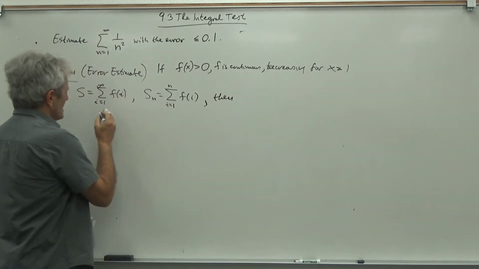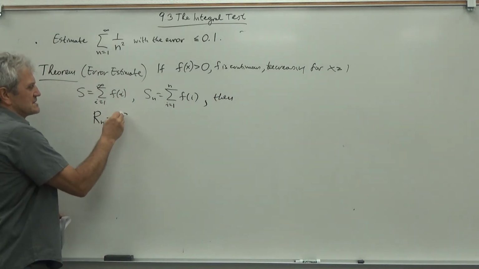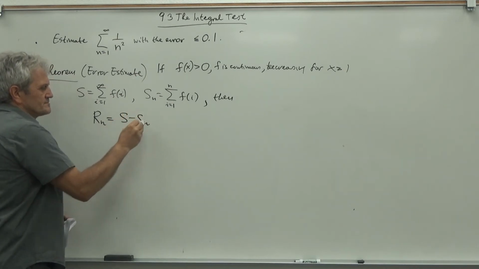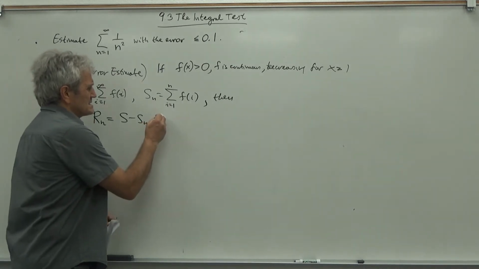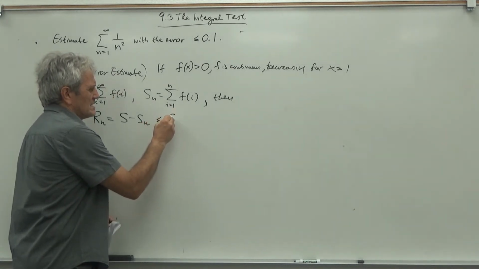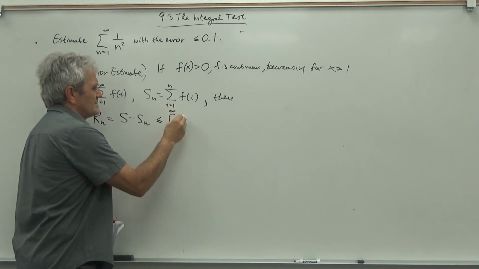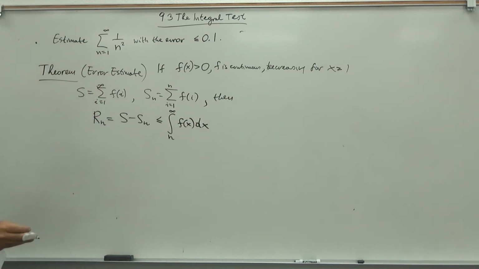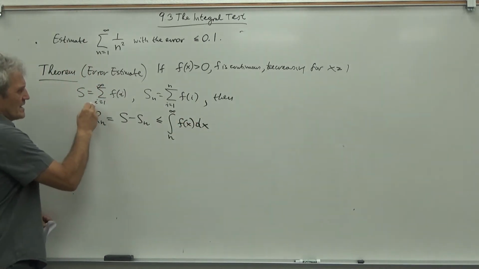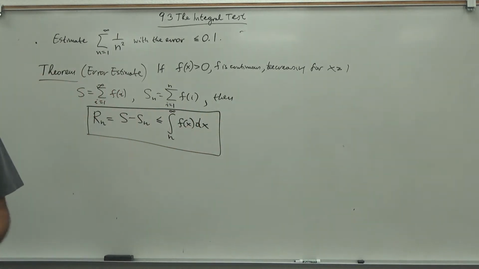Then we usually call the nth remainder Rn, which is S minus Sn, which is positive by the way, because if we keep going, we'll add positive numbers. It's less than or equal to the integral between n and infinity of f of x dx. And that's the error estimate.